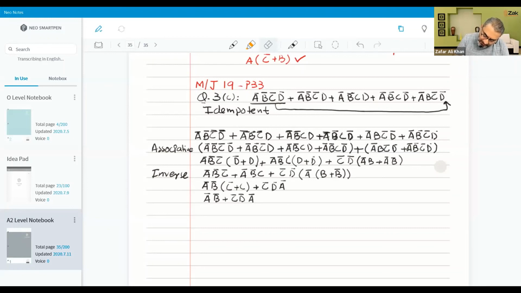Then we take A naught common. Then we have B naught plus C naught and D naught. That's kind of your answer: A naught B naught plus A naught C naught D naught, and then we take A naught outside. So that would be A naught into B naught plus C naught D naught. That's your answer.